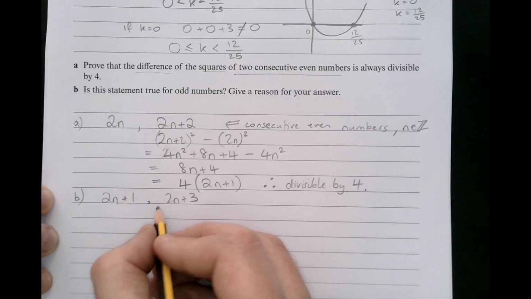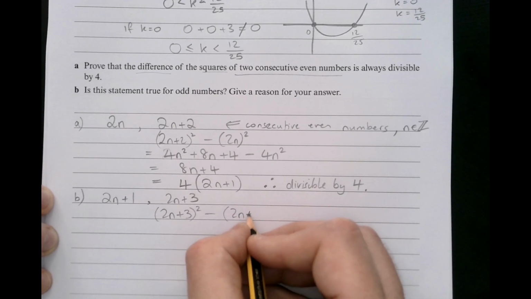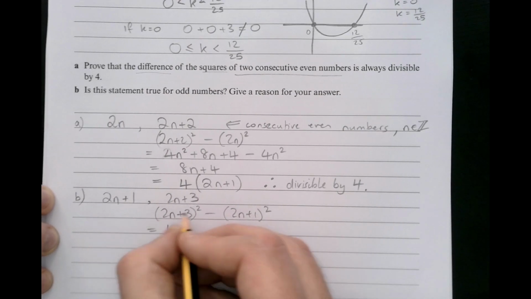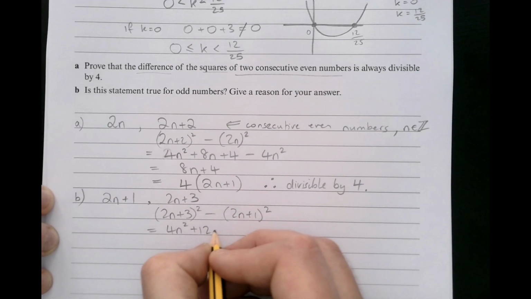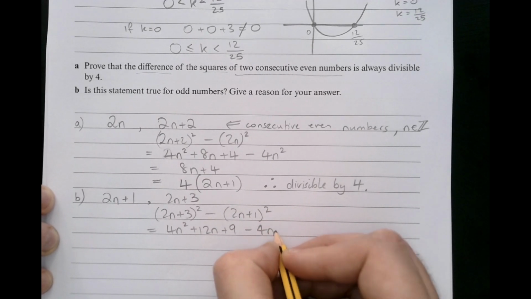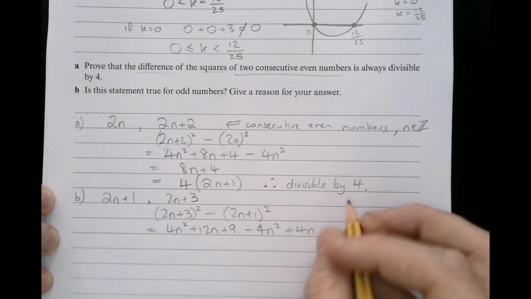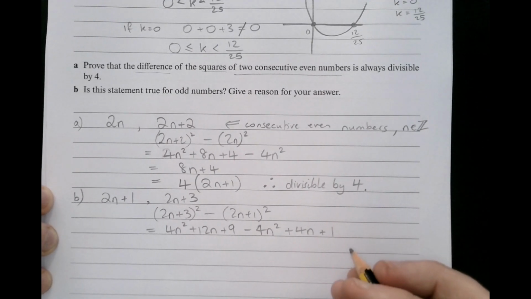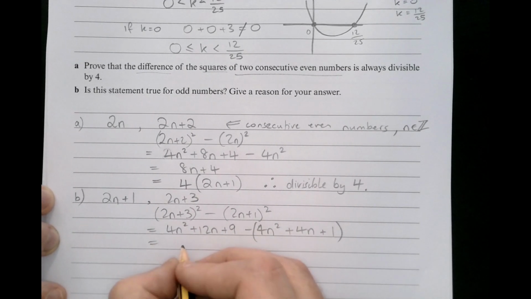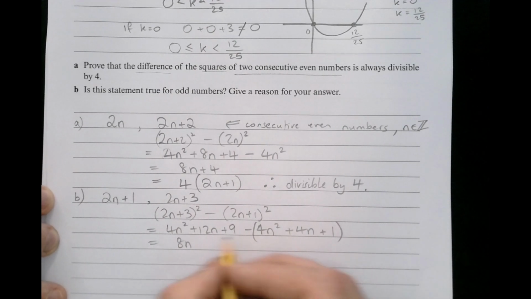Do the same thing. 2n plus 3 squared, 2n plus 1 squared, expand, 2 times 3 times 2, 4n squared, 2 times 1 times 2. We're taking away all of that. 4n squared take 4n squared. 12 take 4. Oh wait, it is true.